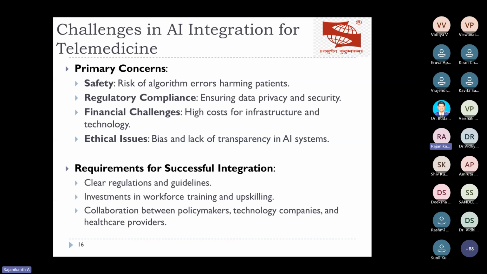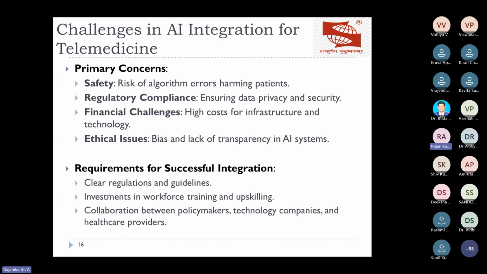Say, for example, if a doctor does a surgery and it fails, the doctor gives an explanation of why the surgery failed. But if a robot does a surgery and fails, what is the situation there? The robot is controlled by AI. So the risk of algorithm errors will definitely harm the patients.